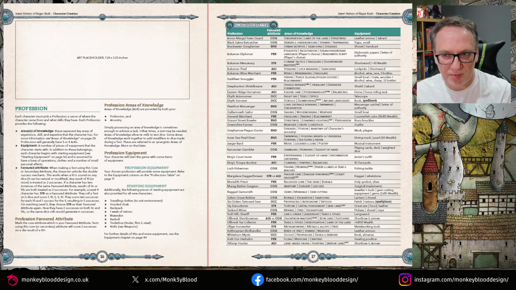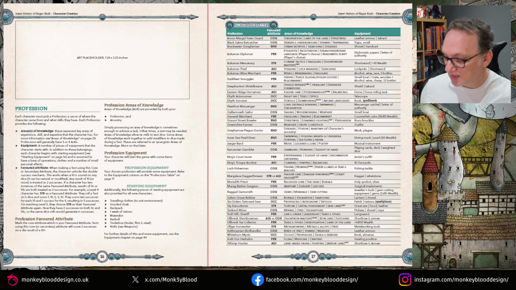Haggling would normally be under personality, so I would say make a personality test. And when the test is rolled, the player can say, I've got haggling, so can I use that as a re-roll? Obviously, that sounds a pretty good idea, so I would say yes. One of the dice in the test can be re-rolled.